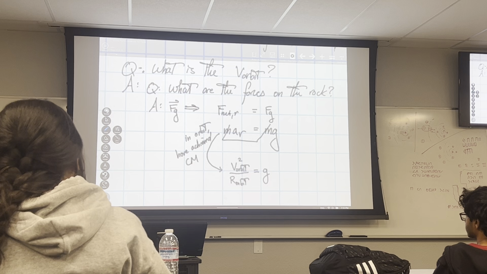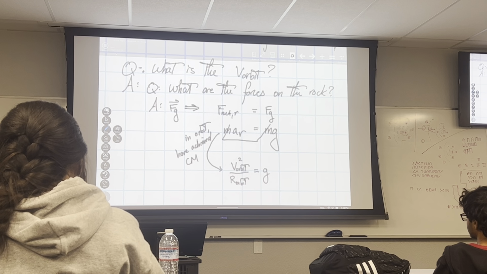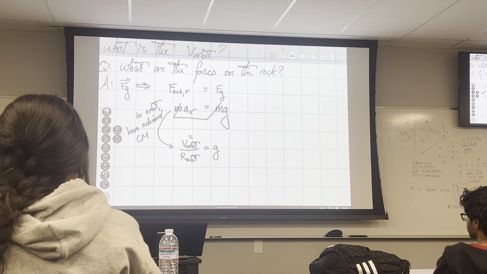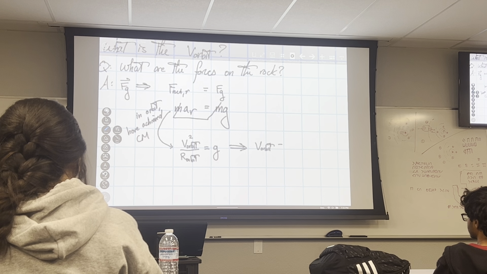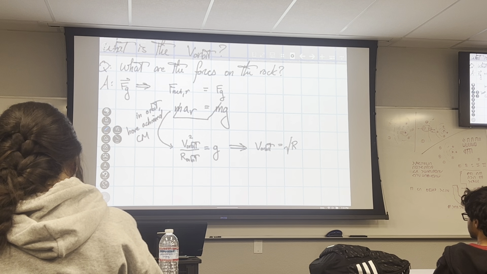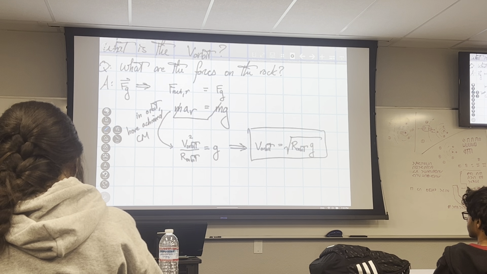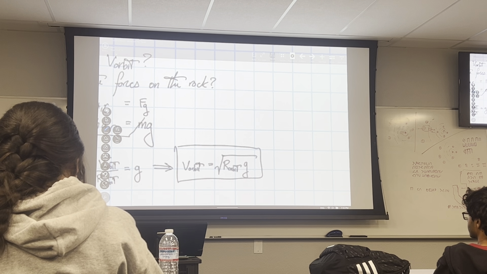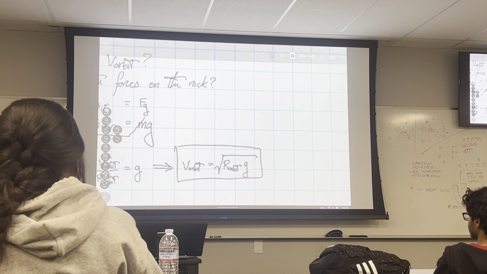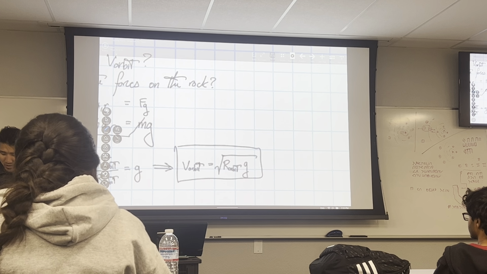This is going to be equal to g. Meaning the orbital speed is going to be the square root of the radius of the orbit times g. This is how fast you must launch, at least just straight, to get something into orbit.